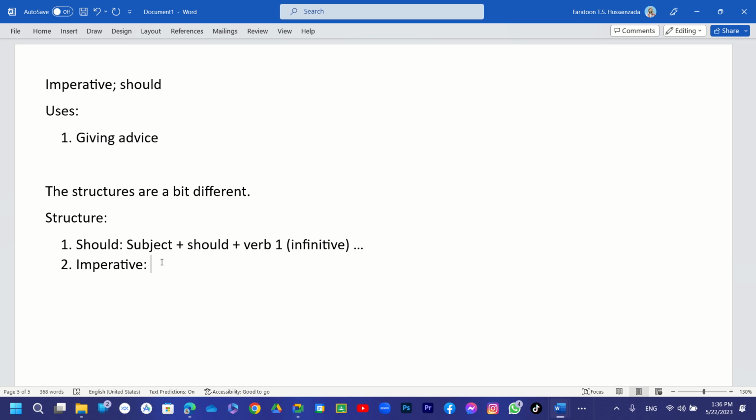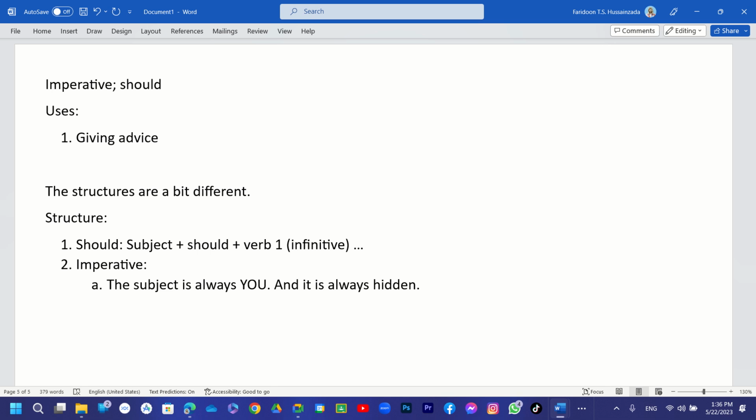Even though you have a subject, it's kind of hidden. The subject, let's put it here so that you can take it as a bullet point, is always you, and it is always hidden. You cannot really see it, but it's there.